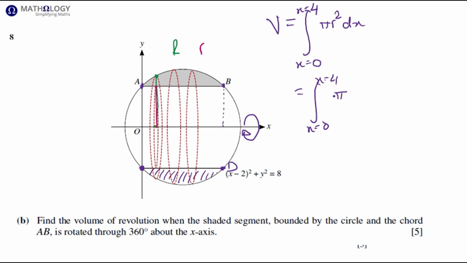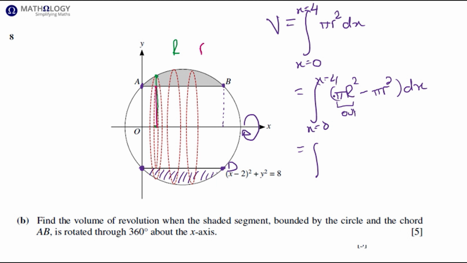So because we have an inner and an outer radius, we will have pi capital R squared for the area of the larger cross-sectional circular cut. So that will be the outer circle minus the area of the inner circle. So that will be pi lowercase r squared, and this is all integrated with respect to x.